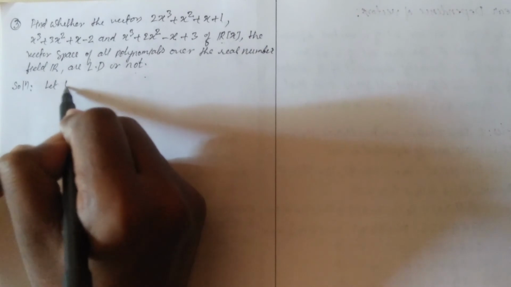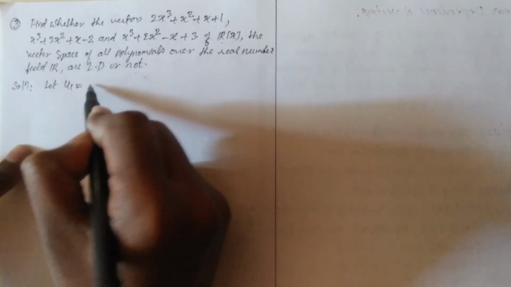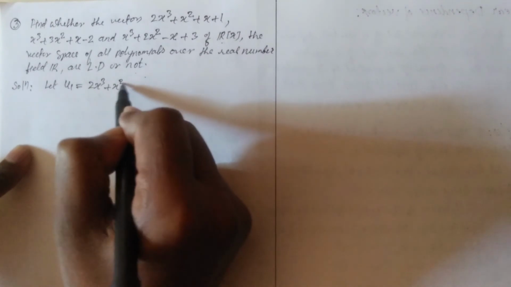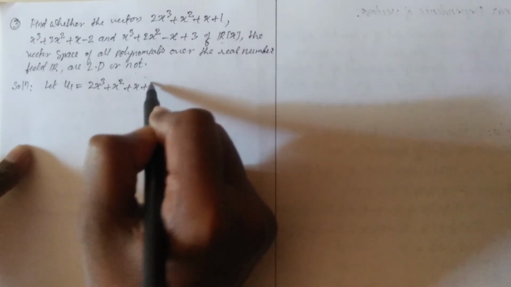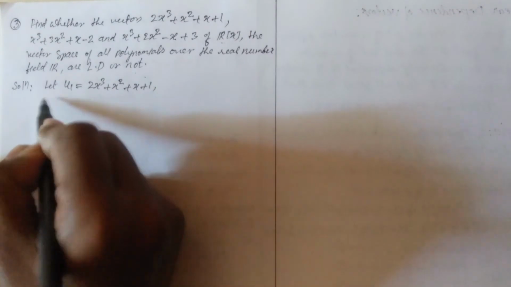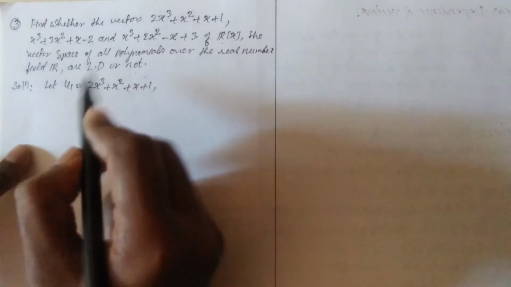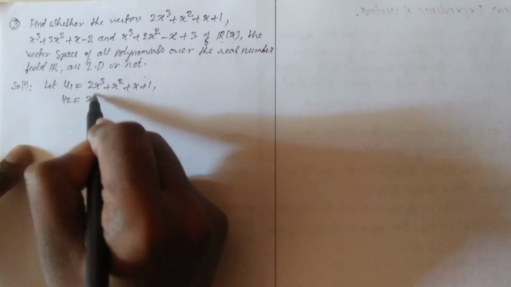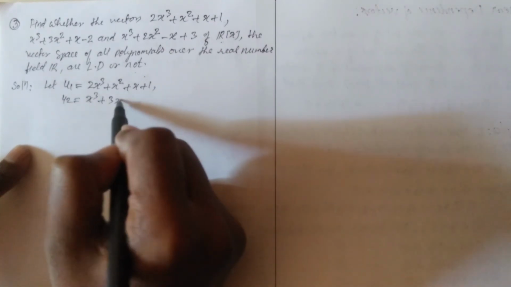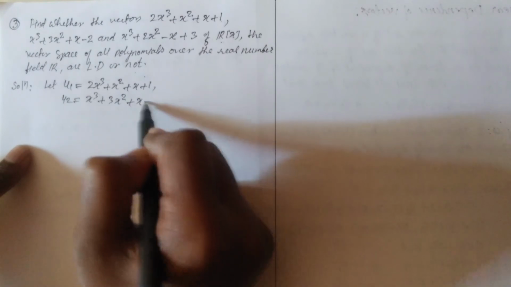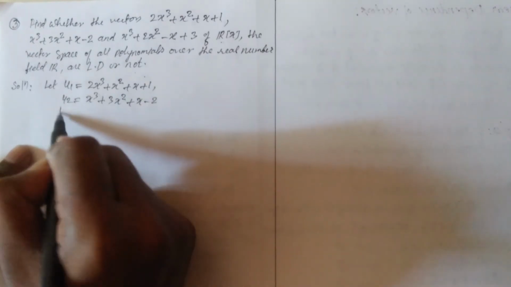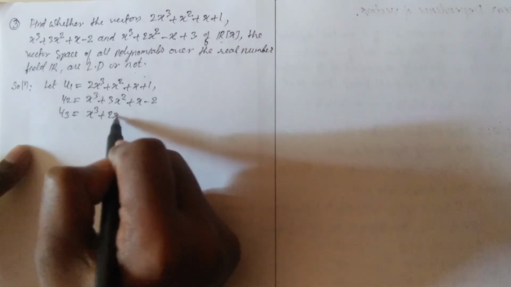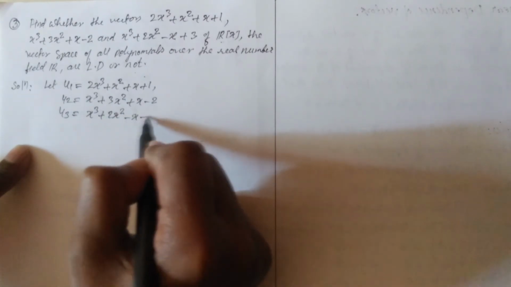Let U1 equal to the first polynomial 2x cube plus x square plus x plus 1. U2 equal to the second polynomial x cube plus 3x square plus x minus 2 and U3 equal to the third polynomial x cube plus 2x square minus x plus 3.